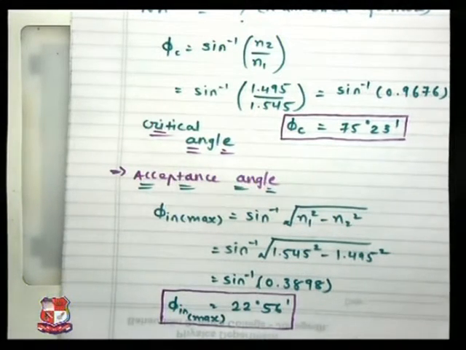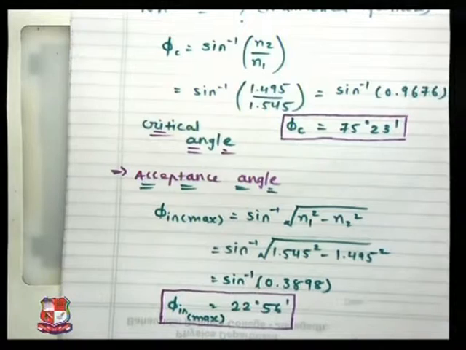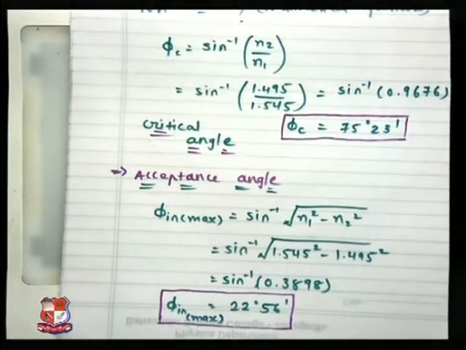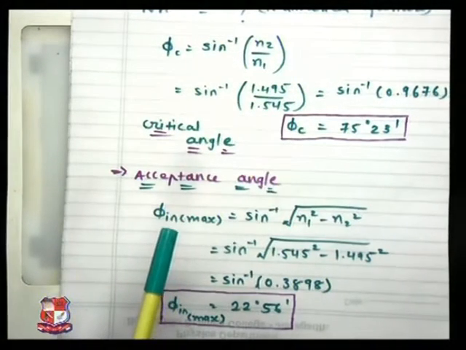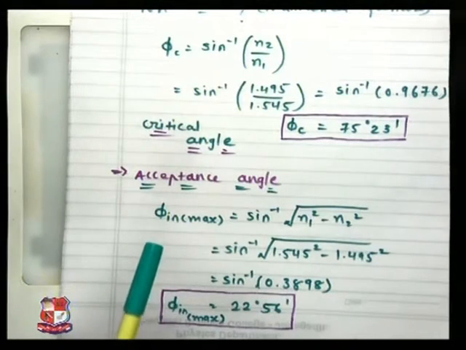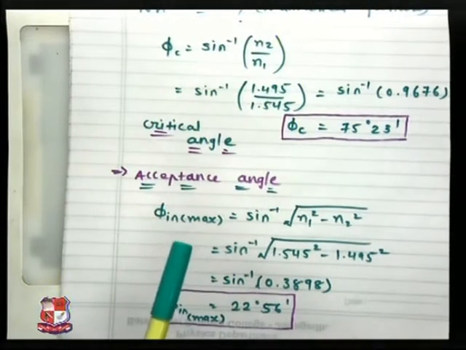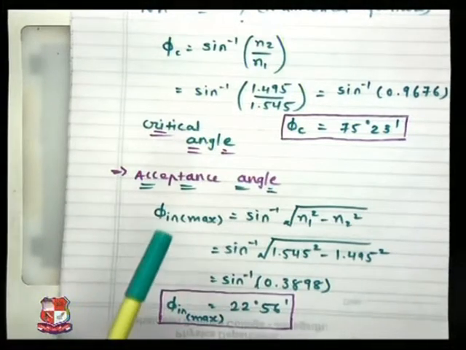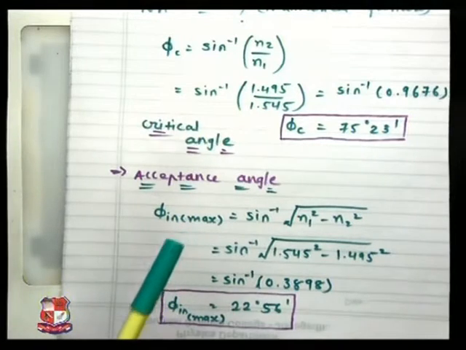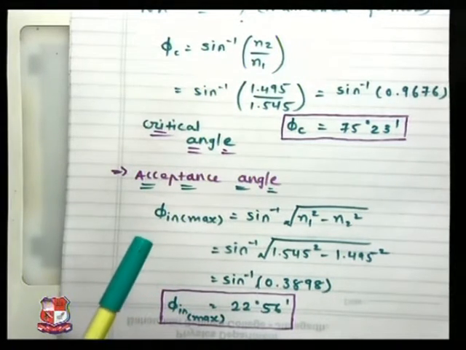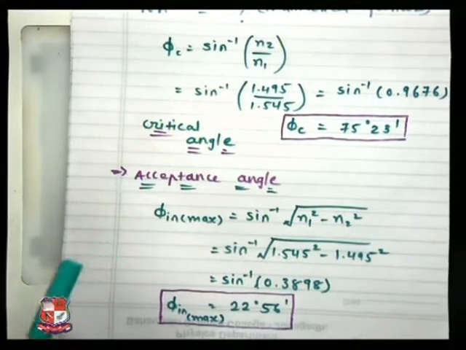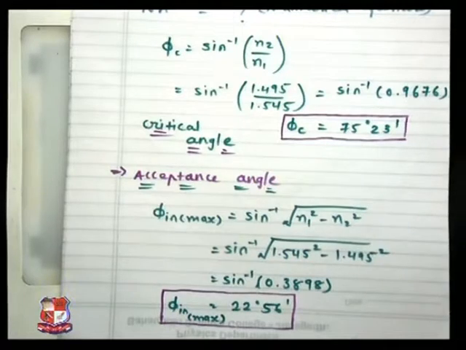Now we just want to obtain the value of acceptance angle, which is phi in maximum. Phi in represents the angle of incidence, and maximum represents the value of the maximum incidence angle through which we can get the critical angle at the core and cladding interface.